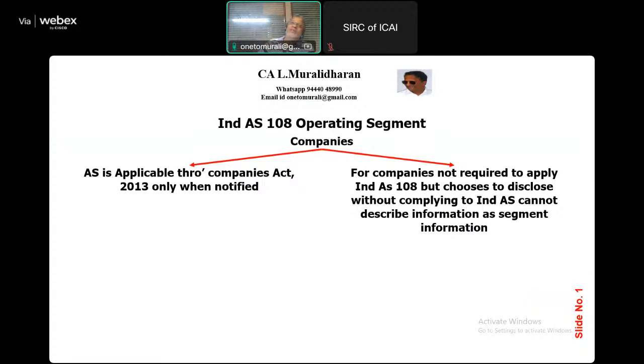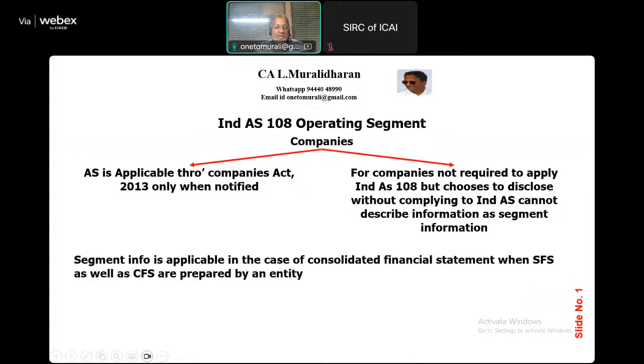In the same way, an entity might have different projects that they would be taking up or different portfolios. One may be giving loss, another may be giving profit. They would like to know which segments are profit making and loss making, and through certain turnover tests, results tests, assets tests, we would like to classify them as whether they are operating segments or otherwise.